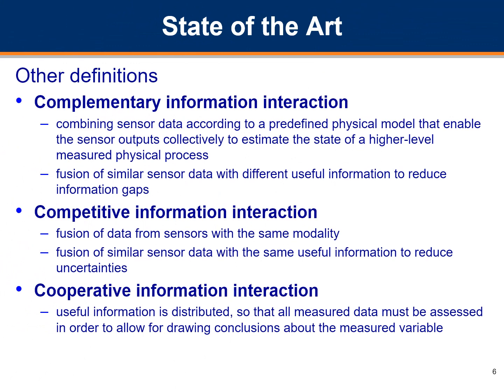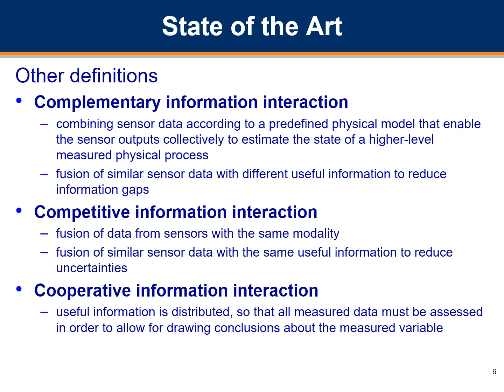Often, the criteria and categories for classifying sensor configurations are also used directly to classify the data fusion process. Bedworth and Brien defined competitive sensor fusion as the fusion of data from sensors with the same modality.